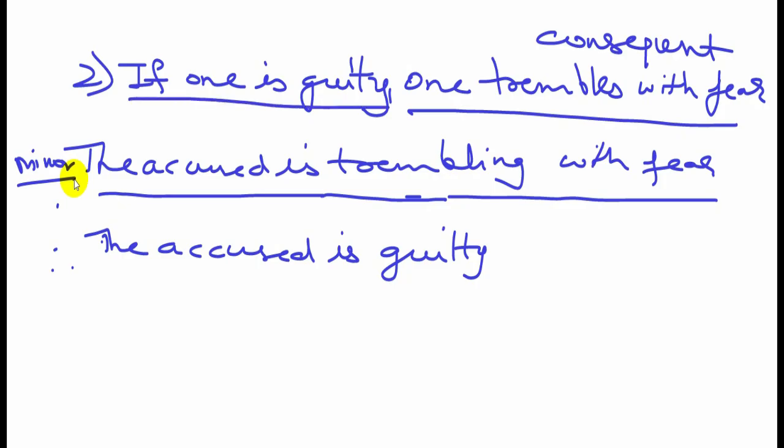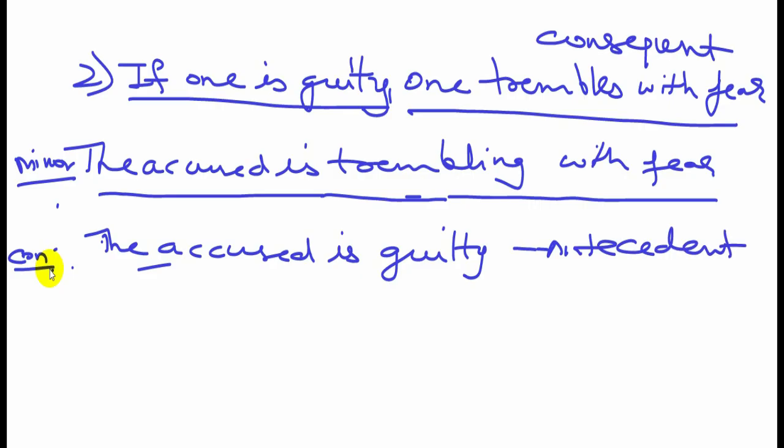But here the consequent is being affirmed in the minor premise, and then the conclusion is affirming the antecedent, which is wrong.